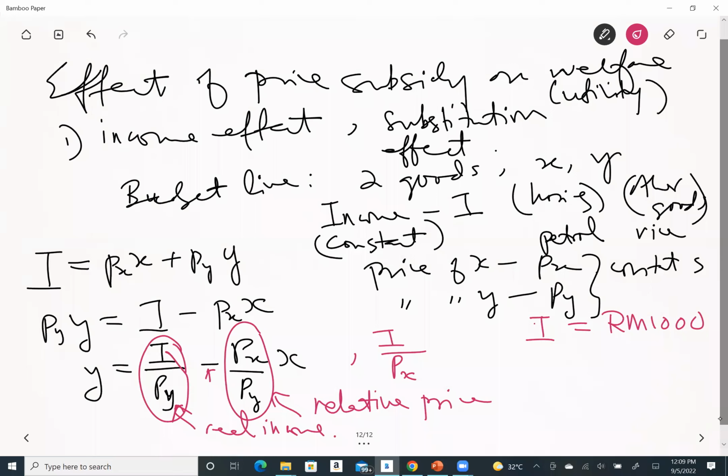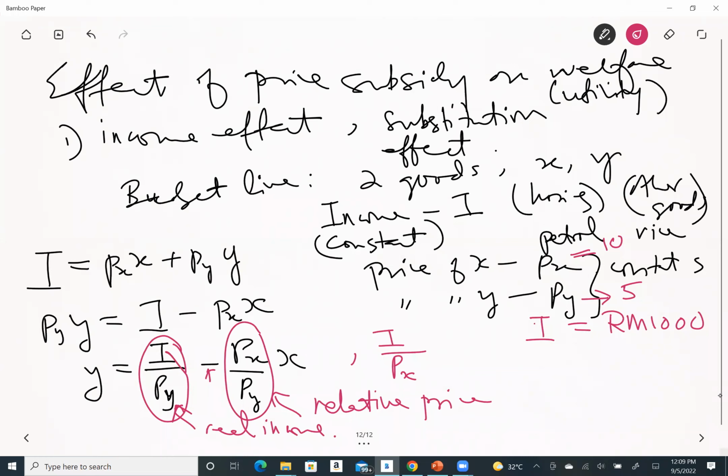Suppose PX is equal to 10. Suppose PY is equal to 5. Now, if I divide I over PY, what do I get? 200. So what is that 200? That 200 is what you call real income.